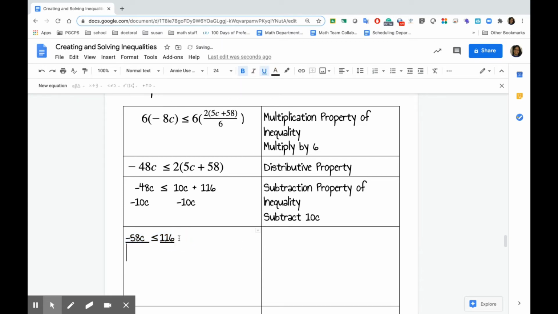So we'll divide both sides of the inequality by negative 58. So again, we apply here the division property of inequality.